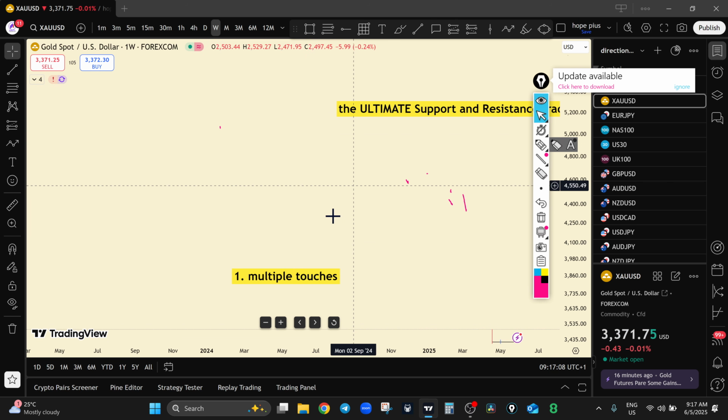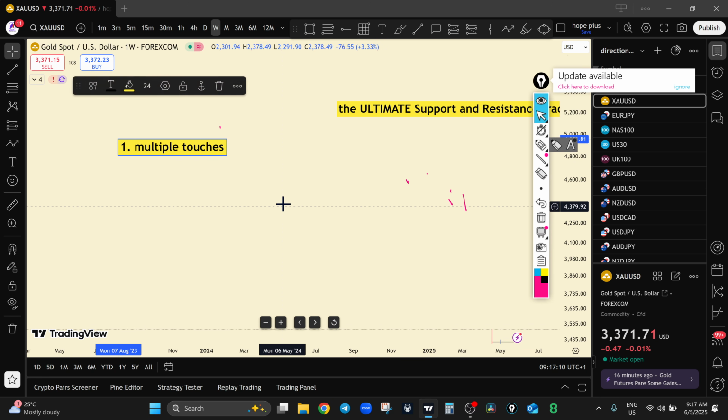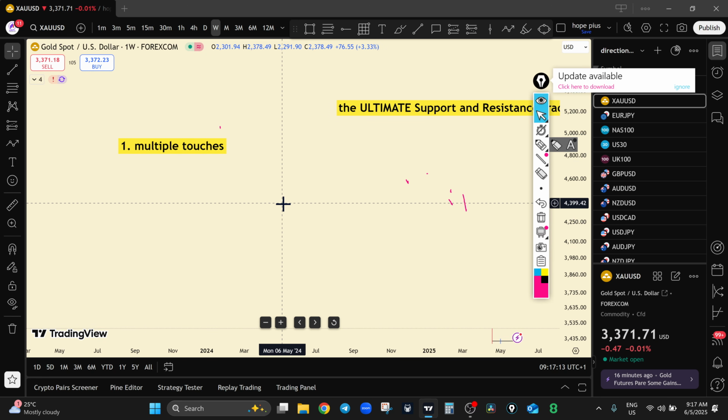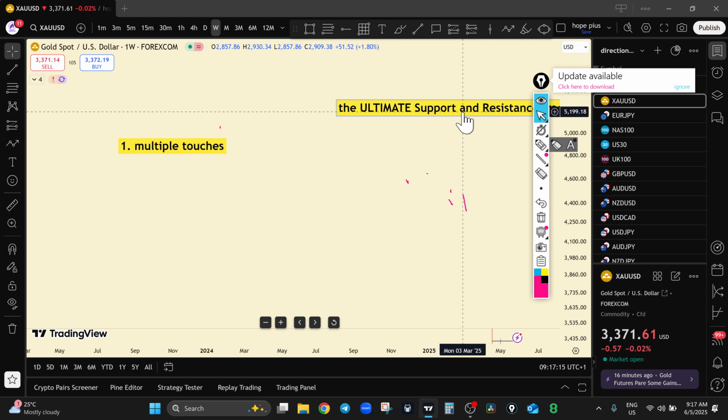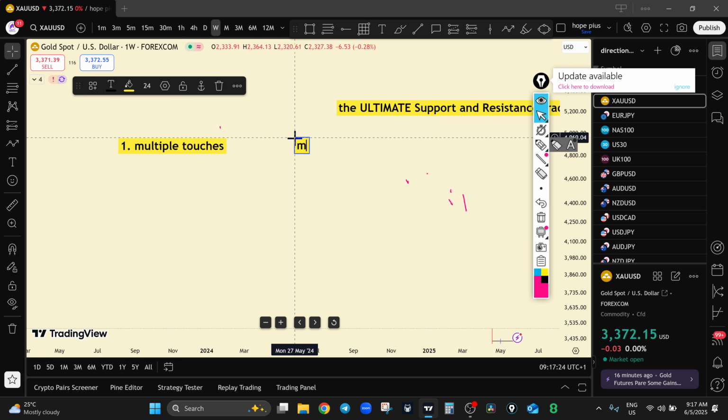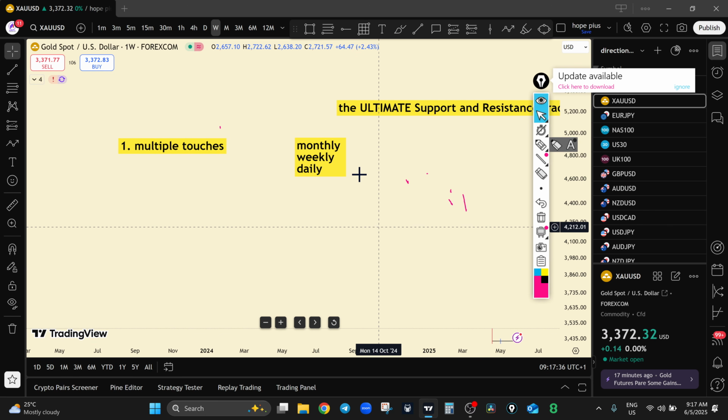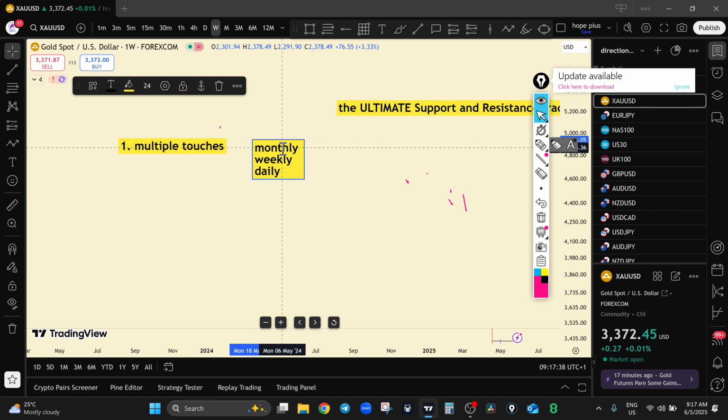All right, the time frames to use. The time frame where you draw this opening price is on the monthly, weekly, and daily. You only draw this on the monthly, weekly, and daily.